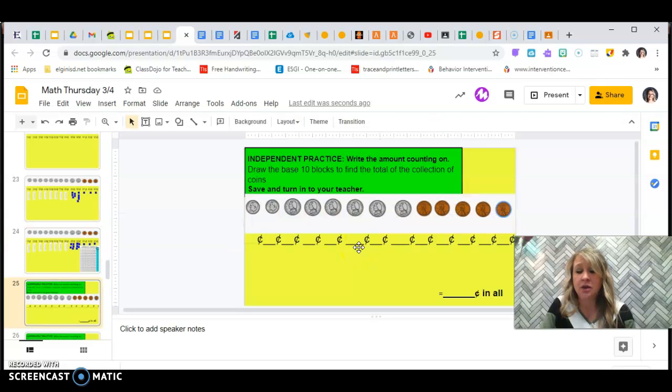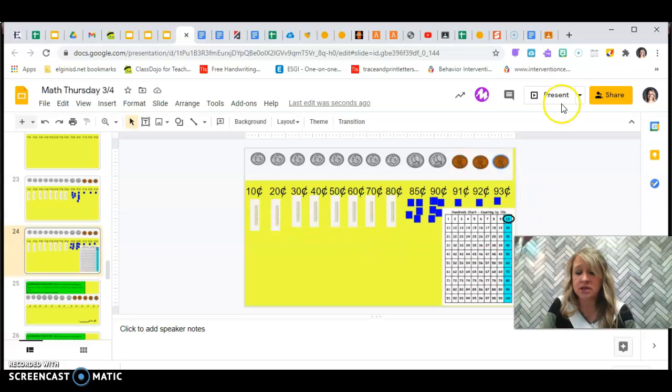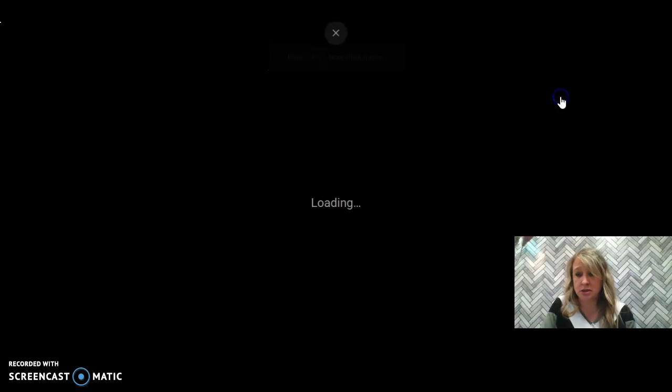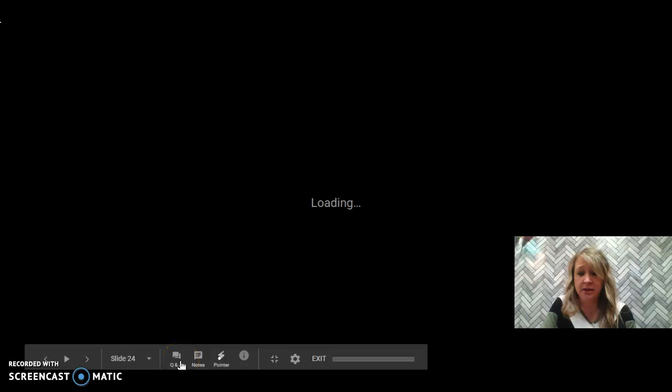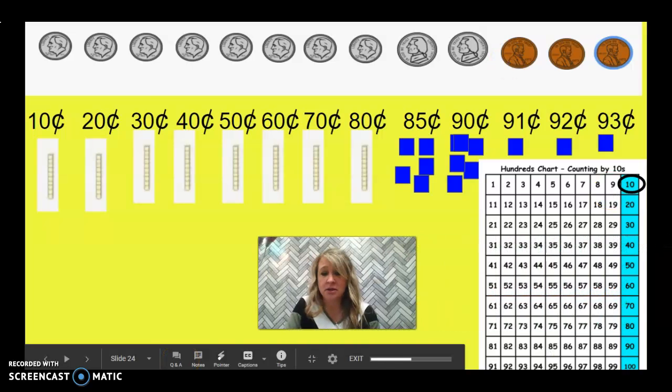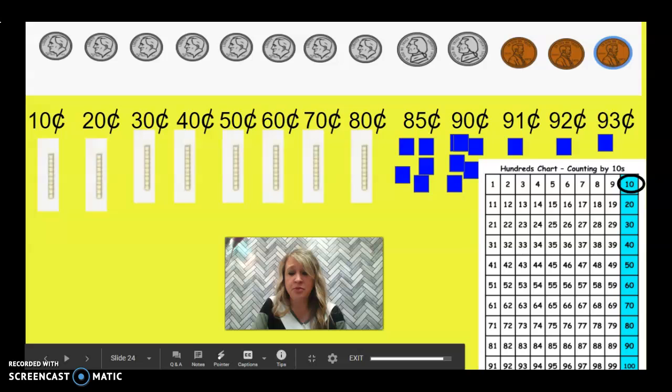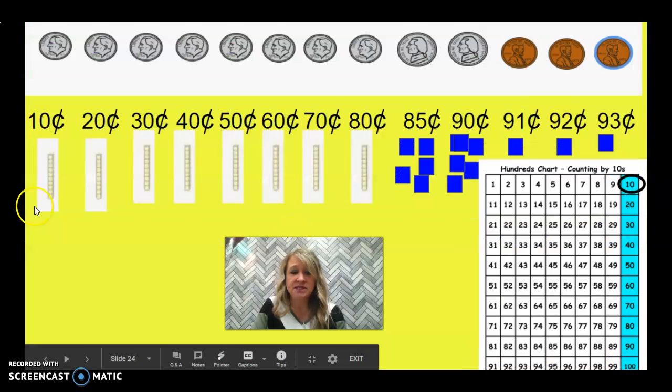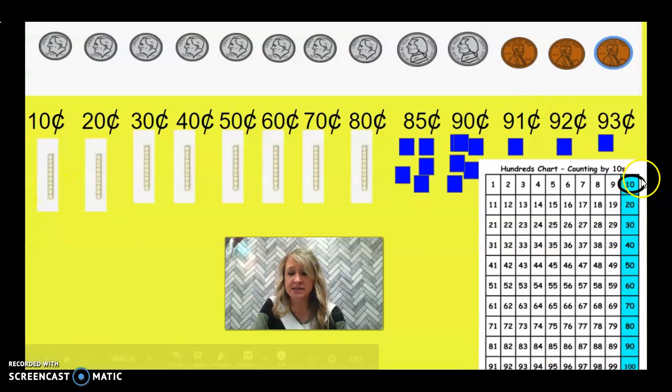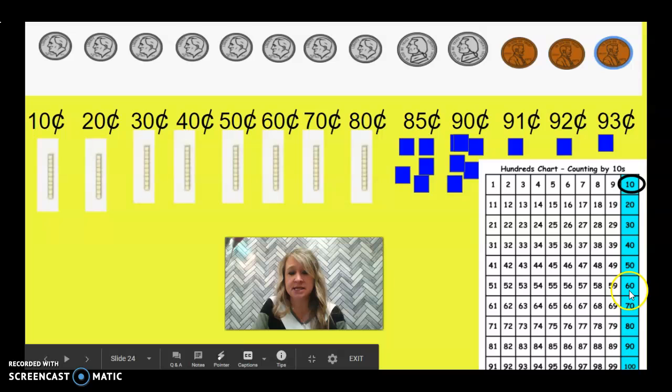And we can also use our 100 chart to count the money. So let's start with 10 because we start with dimes, and dimes we count by tens. Ready? 10, 20, 30, 40, 50, 60, 70, 80.